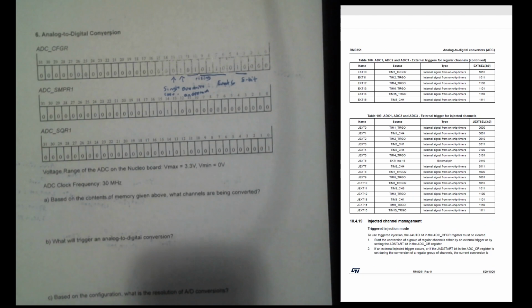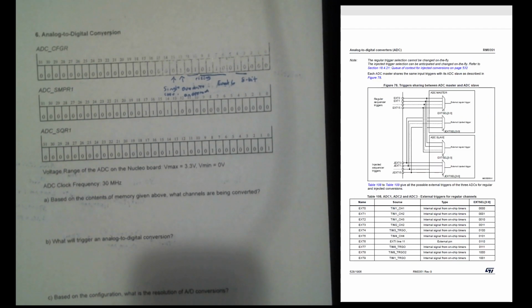There we go. So these are the triggers that can be used, and we're actually looking for the EXT triggers here. So EXT0, and we can see EXTSEL 3 to 0 here. This is something that, if I asked this question on the exam, I would explicitly indicate that this is somewhere you would need to look to find this particular value, because it is hard to find.